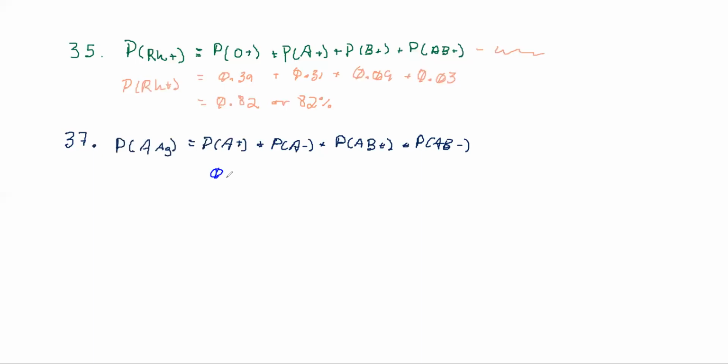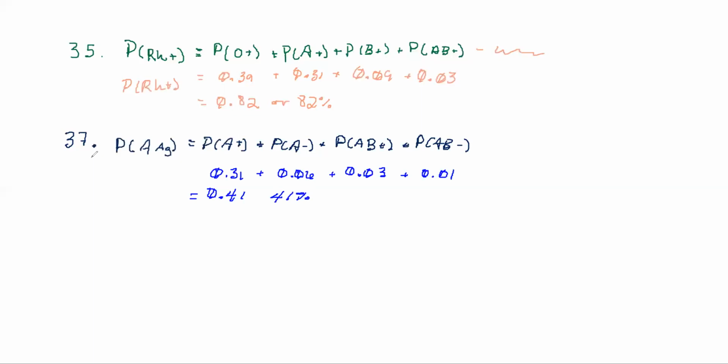So this is 0.31 plus 0.06, 6%, plus 0.03 plus 0.01. And so all of that together is going to equal 0.41 or 41%.